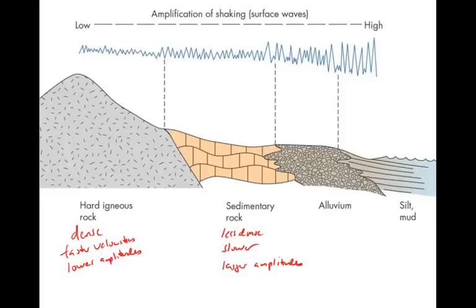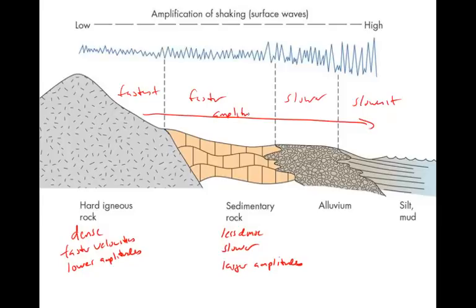So for geologic materials that are dense, such as igneous rocks and well-consolidated compact sedimentary rocks, waves are relatively fast. Then they get slower in materials with lower densities. As a result, their amplitudes are increasing as velocity of the seismic waves decreases.